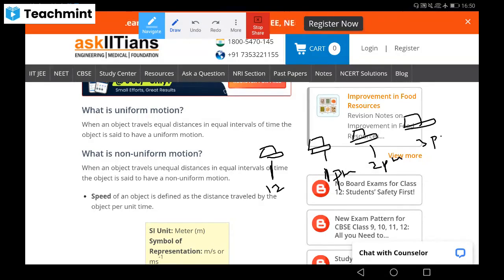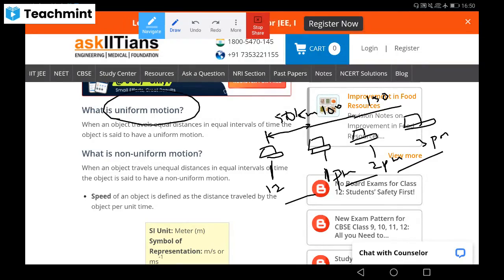This is 3 p.m. Okay, so I'm tracking its movement after 1 hour gaps, and I'm also seeing the distance it is covering. If it is covering 50 kilometers, then here it becomes 100. Here it becomes 150. You see, equal distance is covered in equal intervals of time. So this is an example of uniform motion.